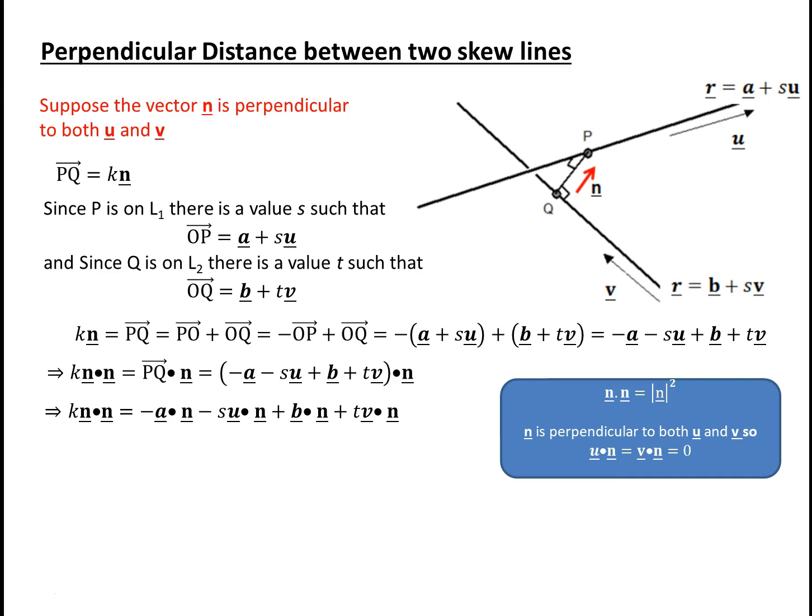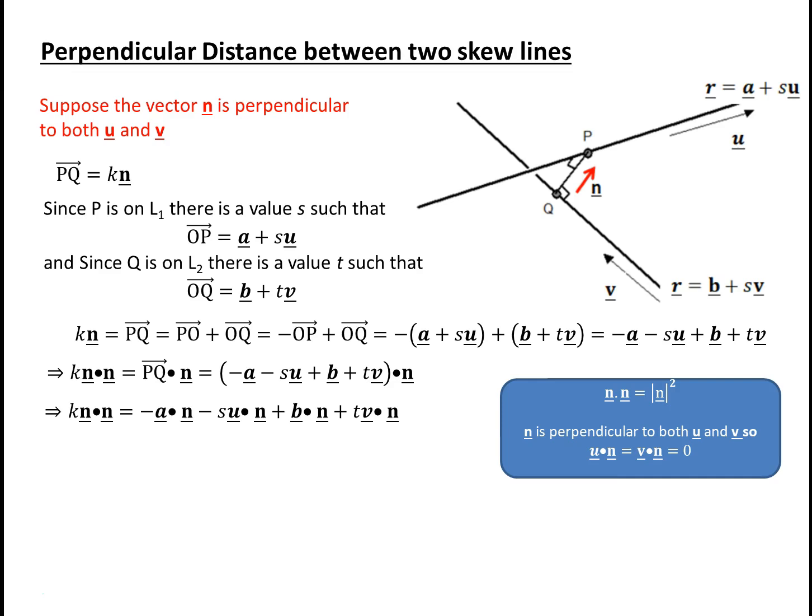In other words, n dot n is the length of n squared. And the second observation we need to make at this stage is that we know that n is perpendicular to both u and v. So that means the scalar product of u with n and the scalar product of v and n, both of those have to be equal to 0.